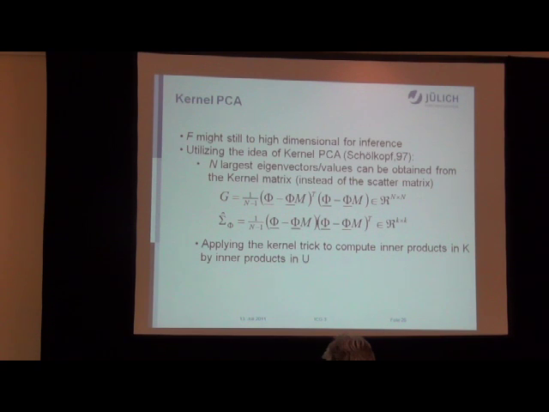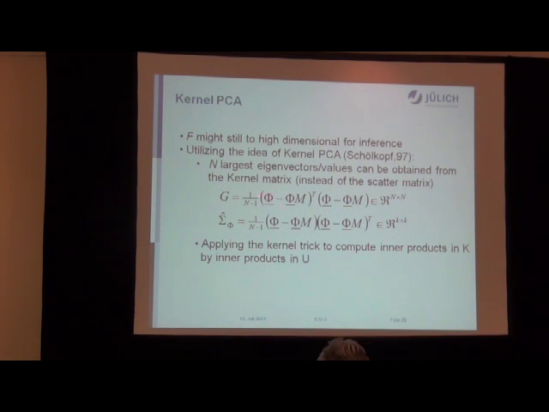In order to cope with this, we have used the idea of kernel PCA, where the scatter matrix is replaced by the Gram matrix, the kernel matrix, simply by exchanging the transpose side, turning a very high dimensional scatter matrix into a matrix which is the size of the number of training data points.